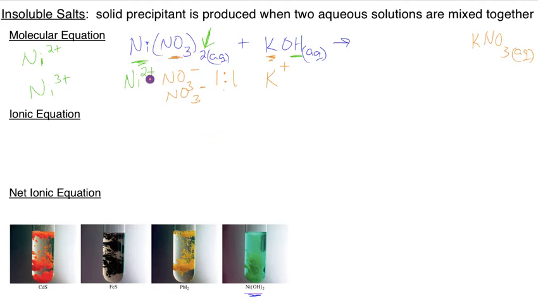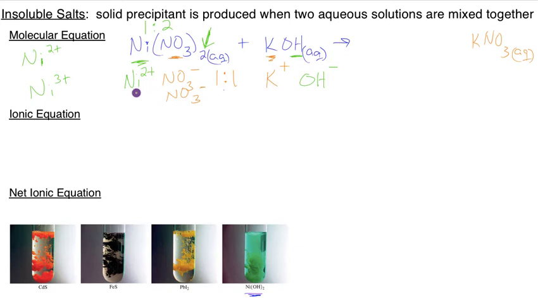Great. So now we know the charge on the nickel. The charge on the hydroxide? Well, it's a polyatomic ion. These are always standard charges, and it has a -1 charge. Now notice, +2, -1, I need a ratio of 1 to 2 to cancel out the overall charge here.